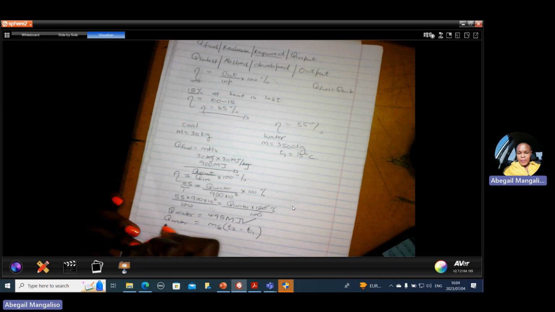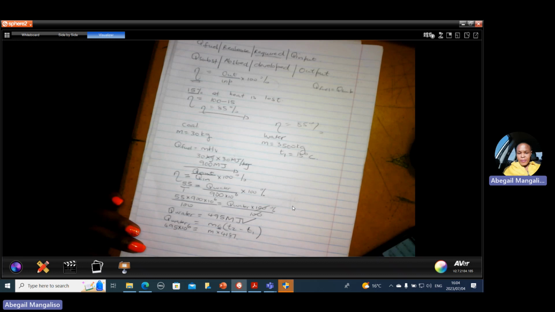I cannot use 495 on this side and use 4187 where there is C, because this one is in joules and this is in mega. So this must also be converted to the same units, so it's times 10 to the power 6.